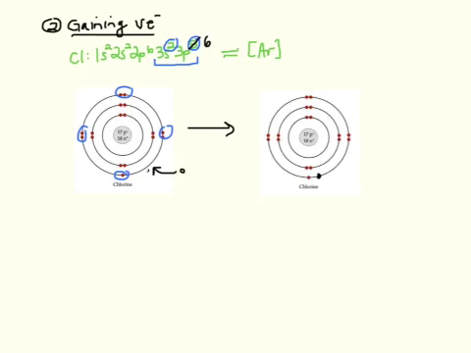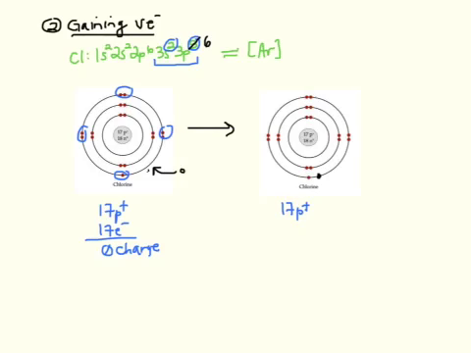So let's talk about numbers here. So remember, it's chlorine, it has 17 protons, and it used to have 17 electrons before it ionized. And that is a total of 0 charge, right? 17 positives plus 17 negatives equals 0. Well, it's still got 17 protons in its nucleus.